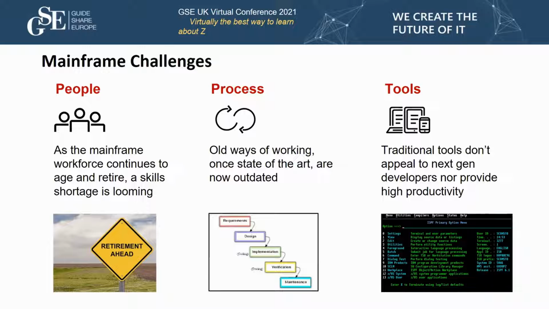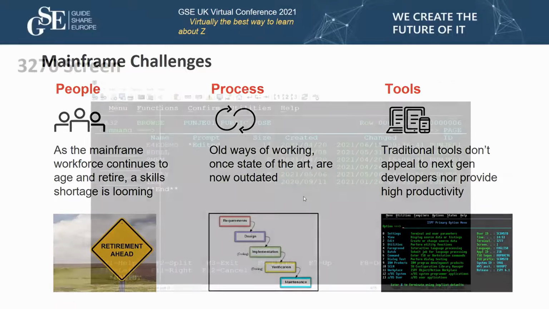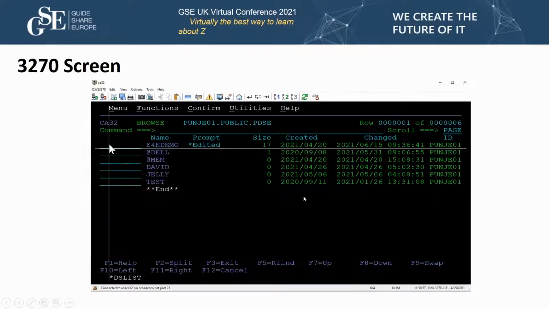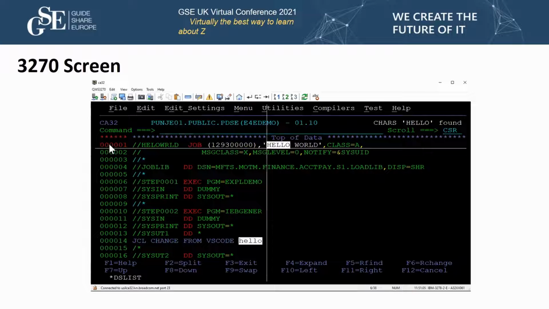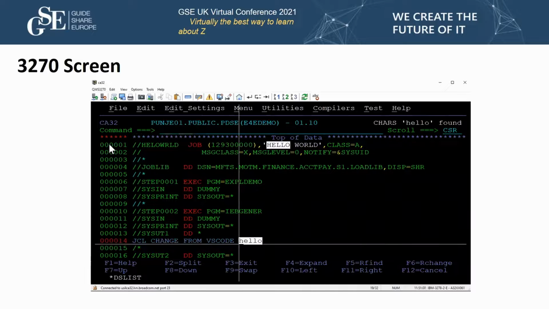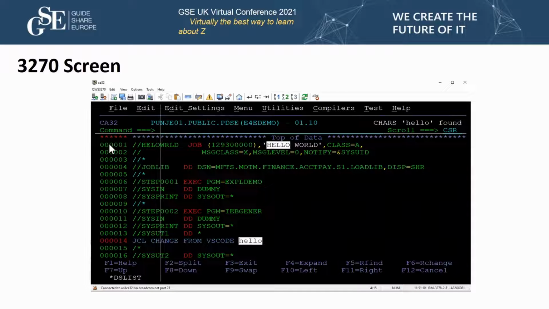So what are these traditional tools that we like to call them? If you want to develop on a mainframe, the first thing that you need to learn is how to use a green screen or 3270 screen. So this is a 3270 screen. The 3270 originated as a 3270 terminal, a simple computer with a keyboard, and this is the screen that they are using.